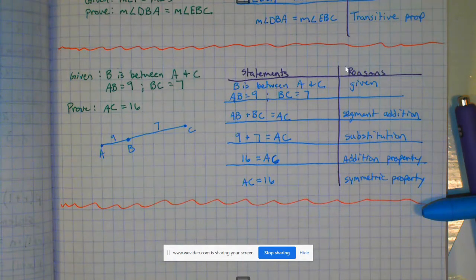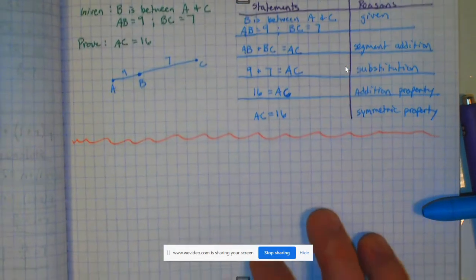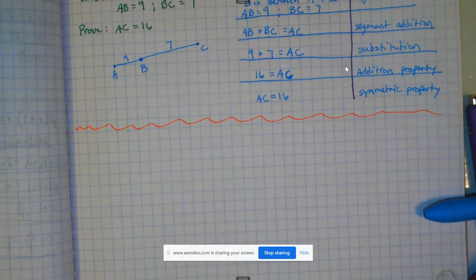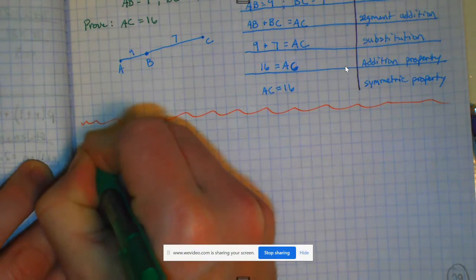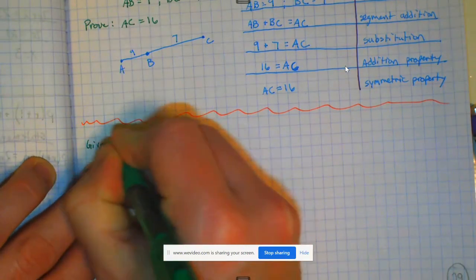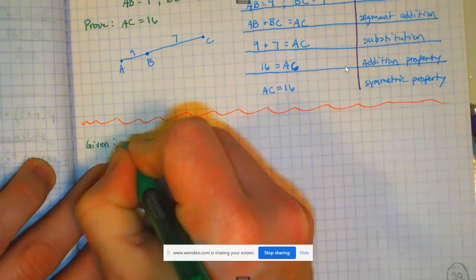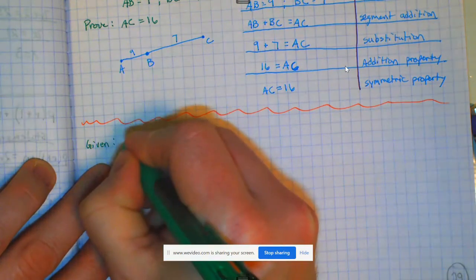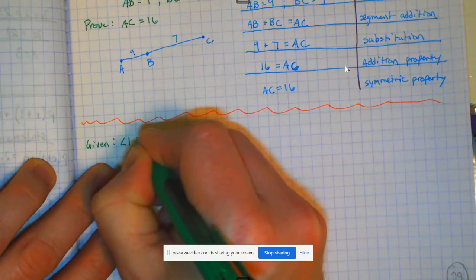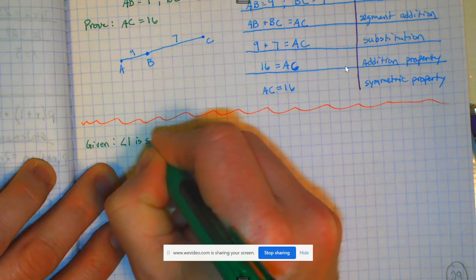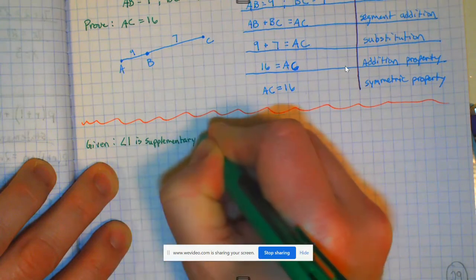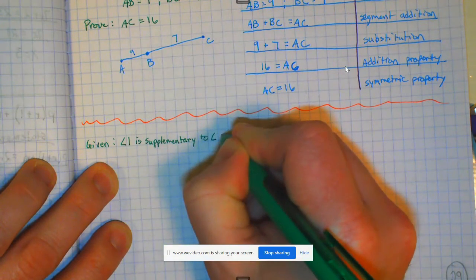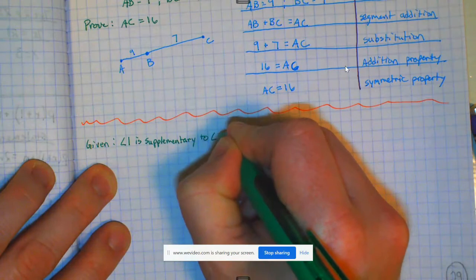Let's maybe do a little bit harder here. And let's say, given angle 1 is supplementary to angle 3.